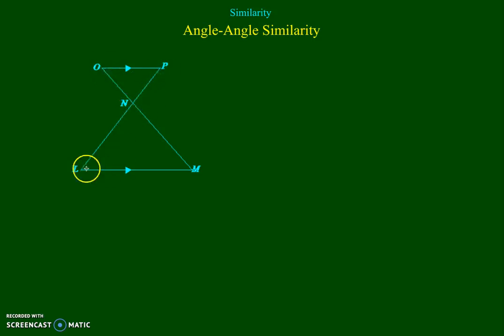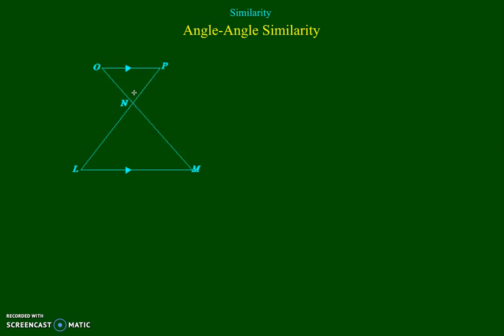We have two parallel lines here, LM and OP, and we know that if two lines are cut by a transversal, then the alternate interior angles are congruent. So we know that angle OPN is congruent to PLM, and so we have these two angles congruent. Therefore, by angle-angle similarity, this triangle LNM is similar to triangle ONP.